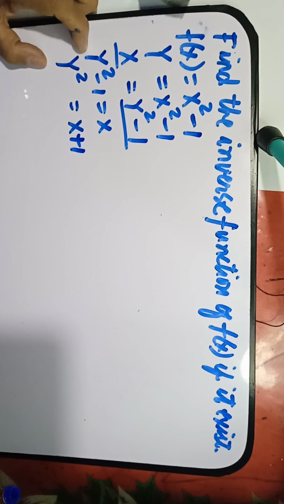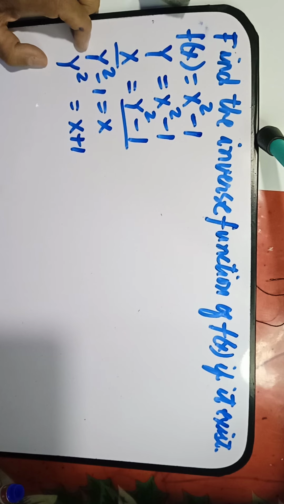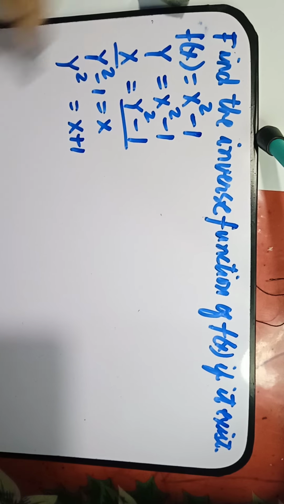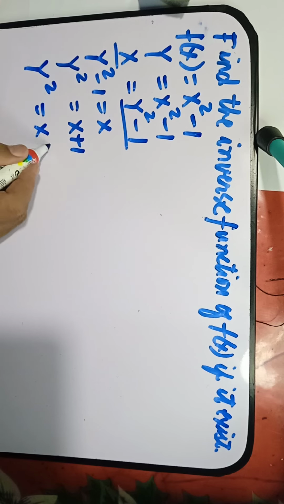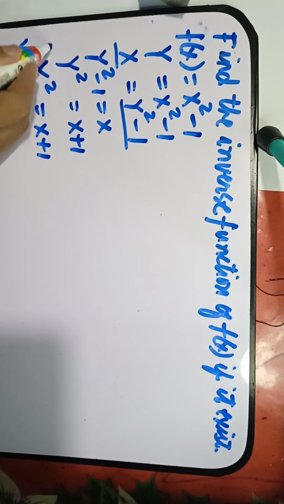Okay. If it is y squared, we will not cancel the 2. But we will extract the square root of y squared. Y squared is equal to x plus 1. So extract the square root. So square root of x plus 1.